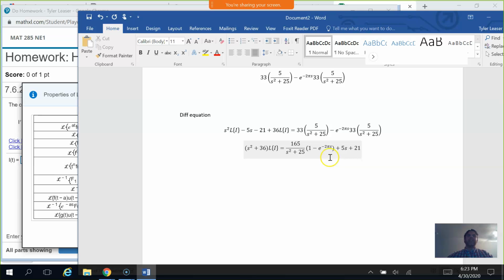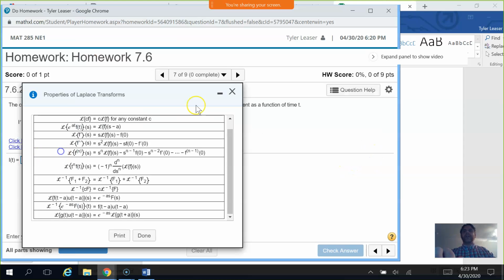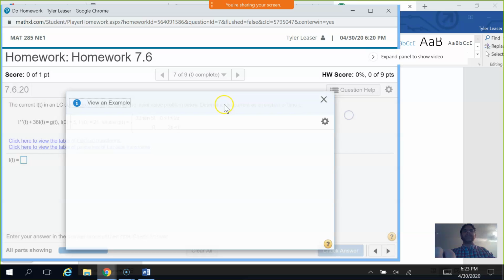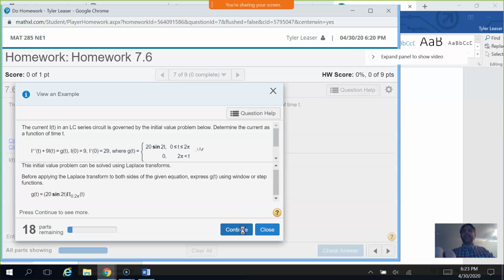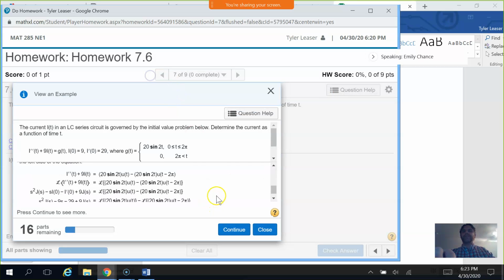So let's try to get everything together that does not have the e, and then everything that does have the e, and break it down and see what we get. I'm going to go through the view and example again, just so I can get a heads up of what to do with this part.